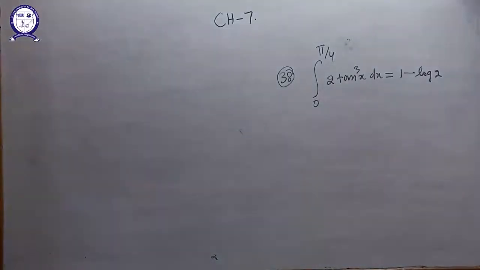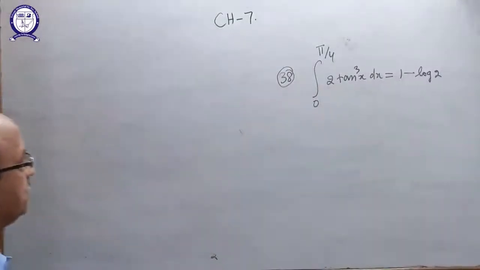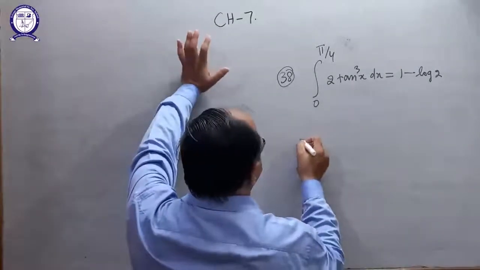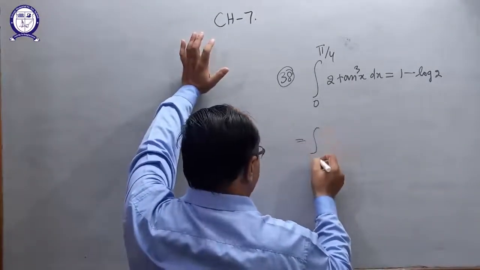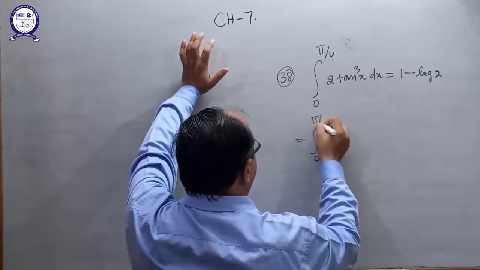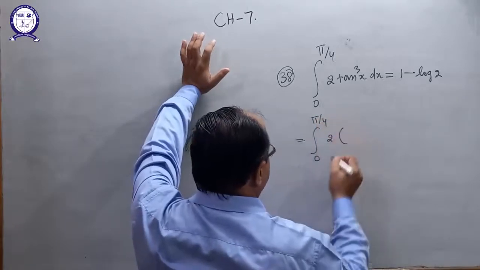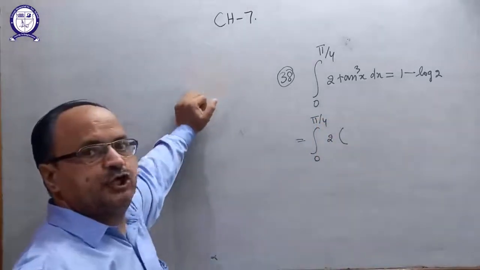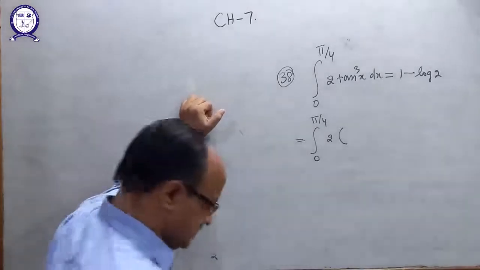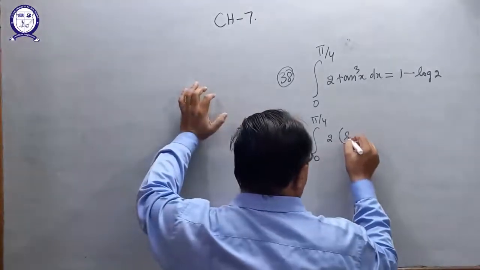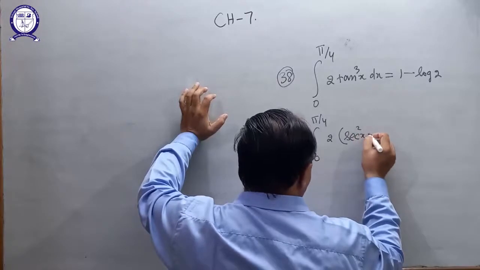Clear? Tan cube you can break. You can write it like this: integration 0 to pi by 4 of tan square x into tan x. In place of tan square x you can write sec square x minus 1.